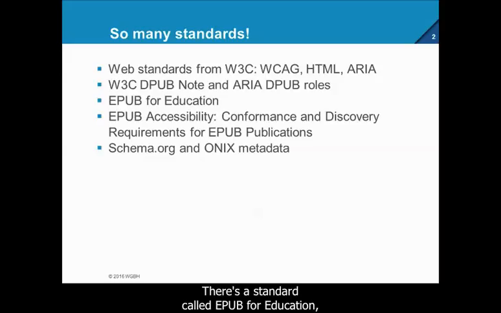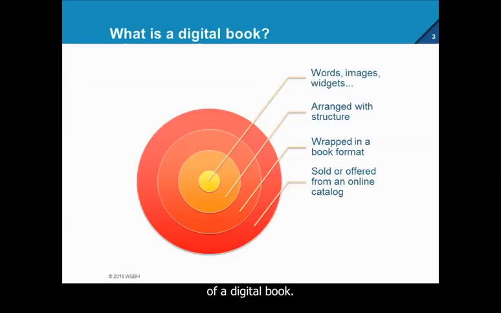There's a standard called EPUB for Education, which takes the EPUB spec and adds some educational specifics to it. And there's a new EPUB accessibility document called Conformance and Discovery Requirements for EPUB Publications, which gives information on how to make EPUB books more accessible. And then finally, there's the schema.org and ONIX metadata. And all of these work together in the creation of a digital book.